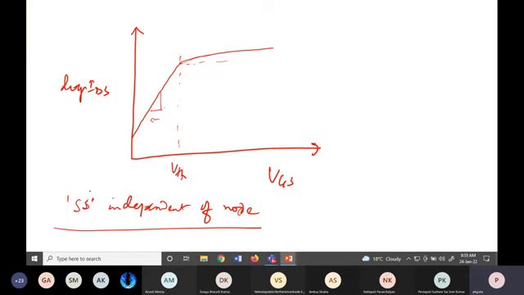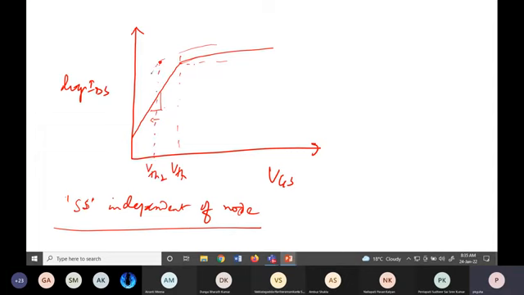But you remember that as we move to future generation nodes, we need to reduce threshold voltage. So as we reduce threshold voltage, maybe in another node the threshold voltage is here. Say this is VTH2.